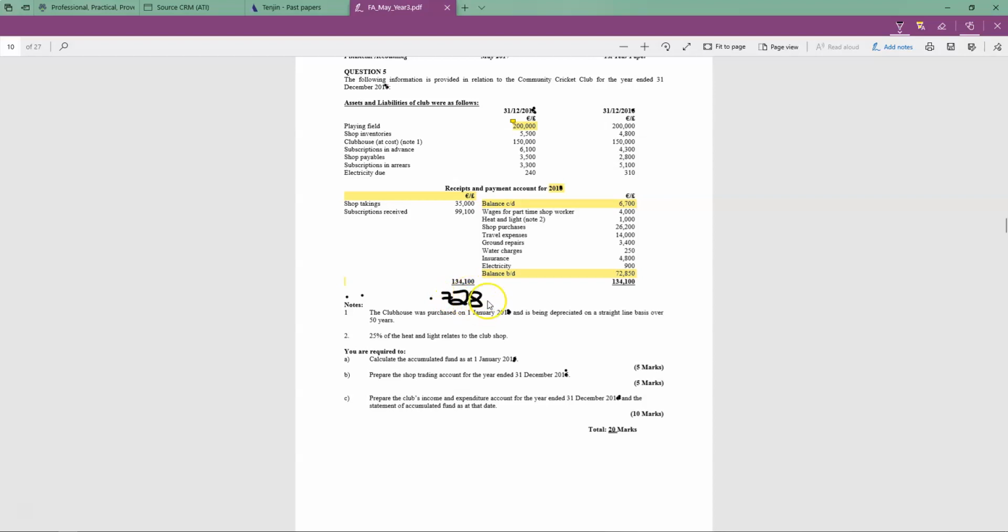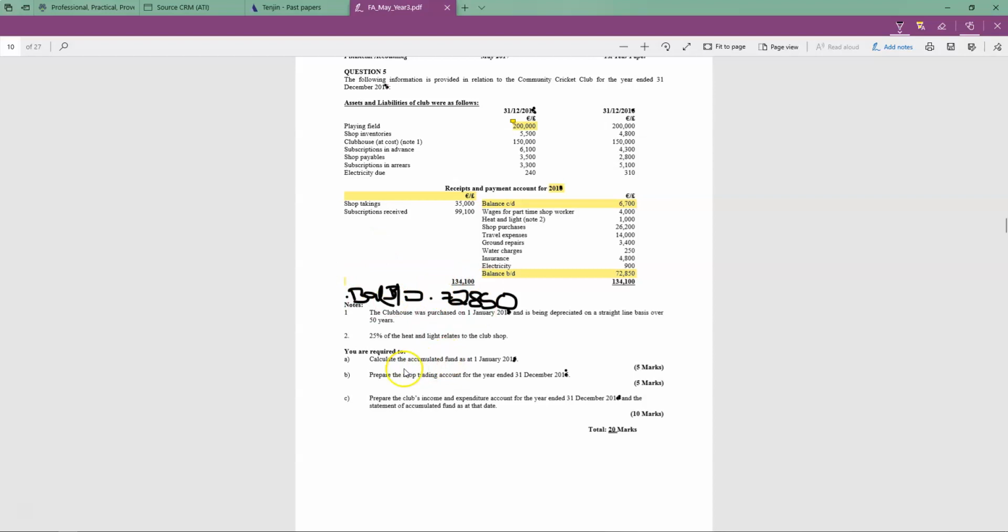Okay, and that'll be our balance brought down, 72,850, which will go into our accumulated fund at the end of the year.